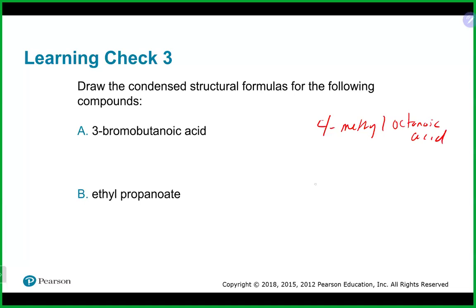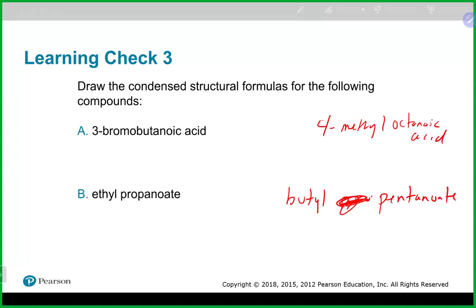And let's do butyl pentanoate. All right, so why don't you draw those guys, see what you come up with here.